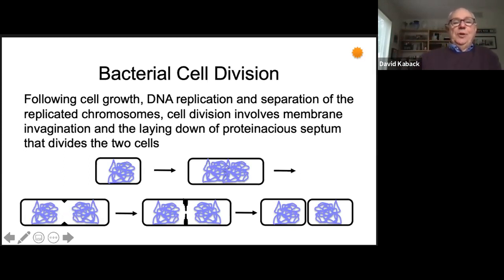And finally, we get septum formation, the formation of cell membrane and cell wall that divide the bacteria into two distinct cells that sometimes will stick together for a while, but ultimately can produce a single bacteria capable of producing an entire colony.